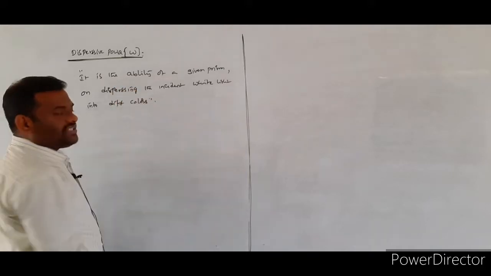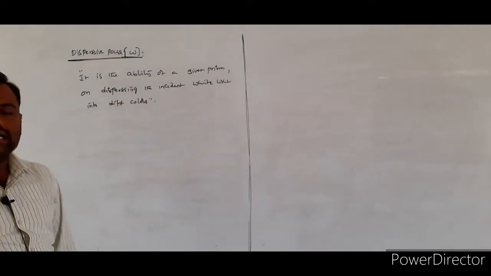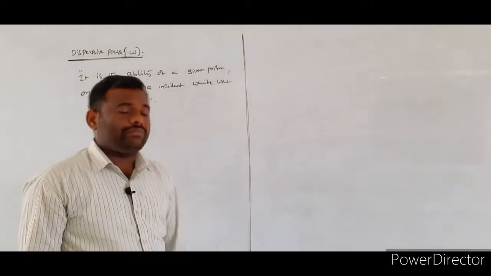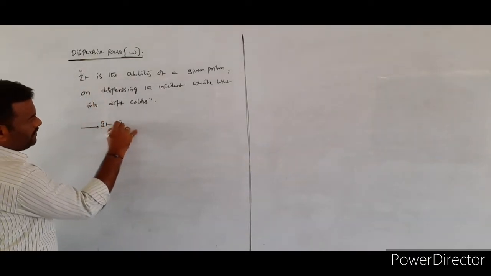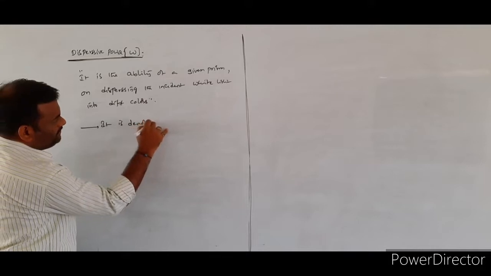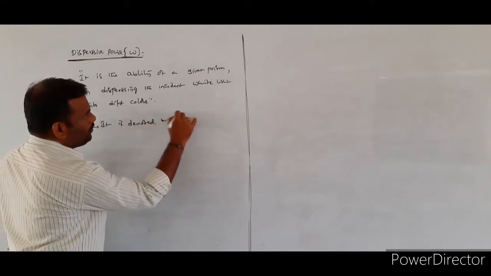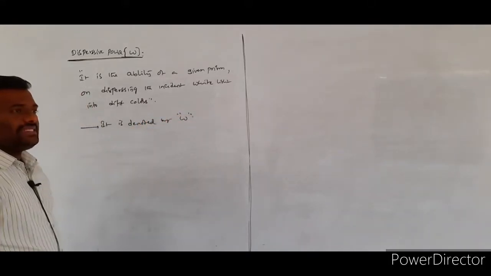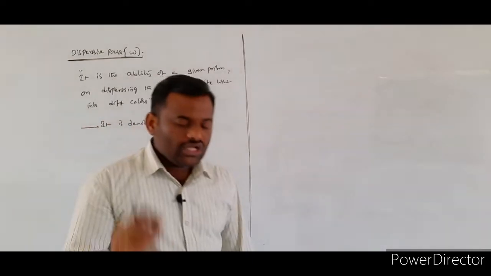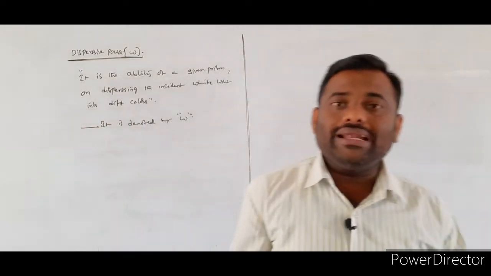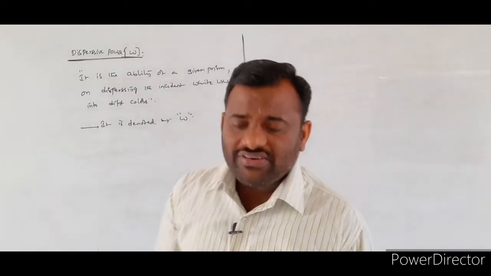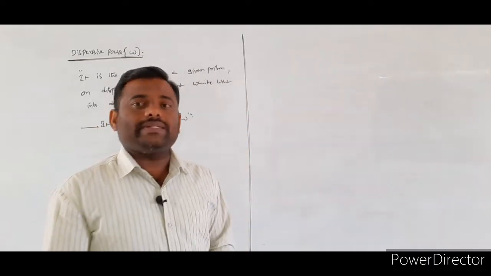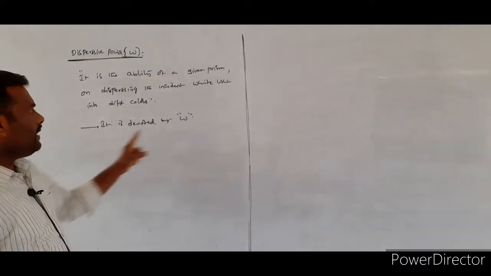Such ability we call the dispersive power of the given prism, and it is denoted by omega. So what is the dispersive power? It is the ability of the prism in dispersing the incident white light into different colors. It is indicated with the symbol omega.